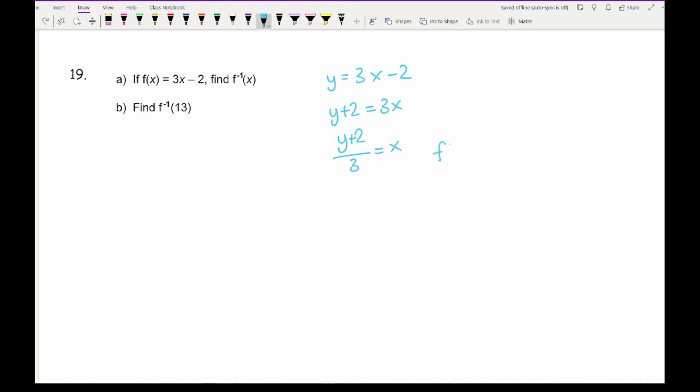So the inverse function of x equals (x plus 2) over 3. For part b, all I need to do is substitute x equals 13 into the inverse function. So I've got (13 plus 2) divided by 3, which is 15 divided by 3, which is 5.